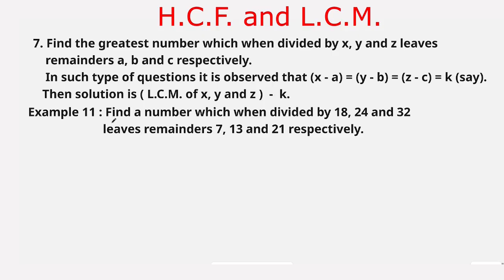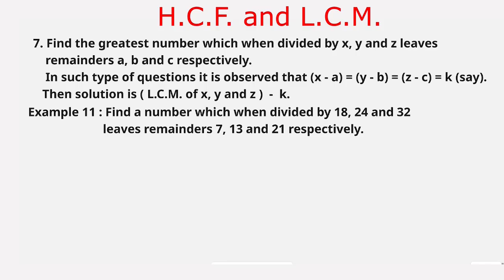And we will learn it by one example. Example number 11. Find the number which when divided by 18, 24 and 32 leaves remainders 7, 13 and 21 respectively. Now you just observe how I solve it. Here x is 18, y is 24 and z is 32 and a is 7, b is 13 and c is 21.